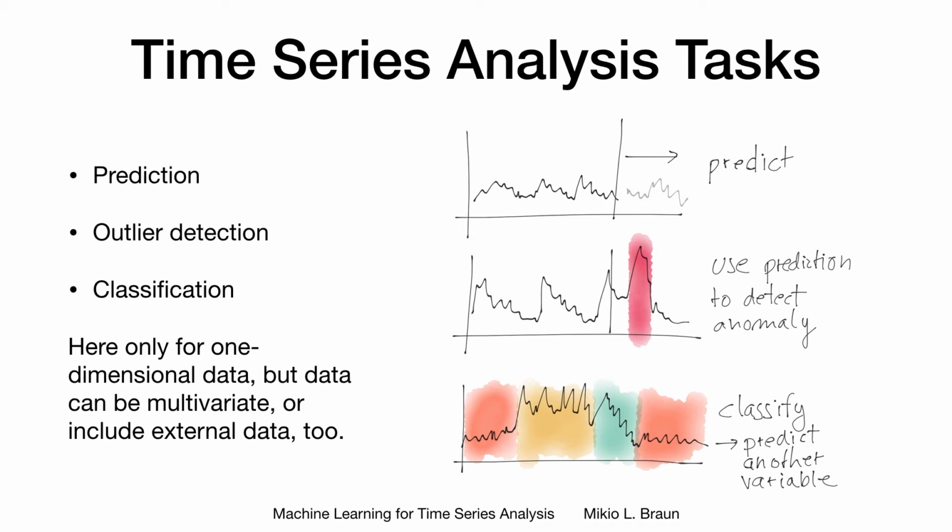Another very common task is to have the time series and be interested in classifying segments of the time series. You're not interested in predicting how the time series evolves, but in taking the data from the time series and predicting what is actually happening. For example, if you have data measured from wearable sensors, you would be interested in understanding what activity the person wearing the sensors is doing right now, right?